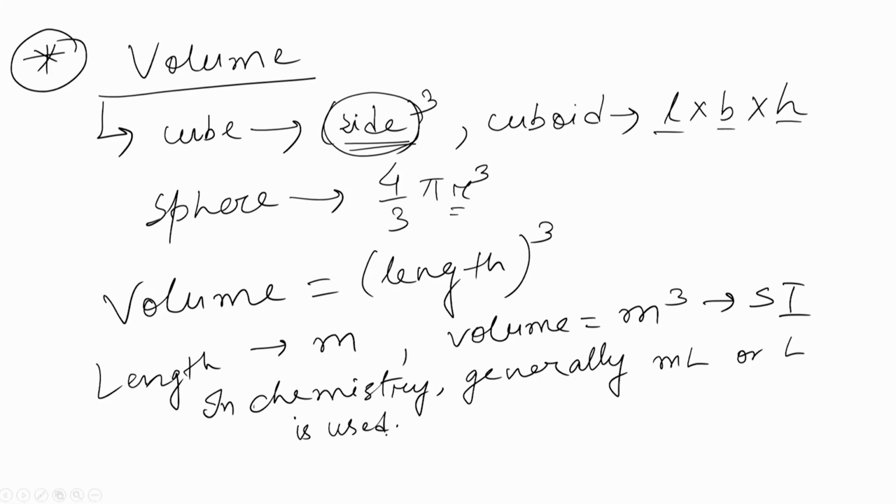Now we will learn the relation of ml or liter with meter cube or centimeter cube. So 1 centimeter cube is equal to 1 ml. And we know that 1 liter is equal to 1000 ml.